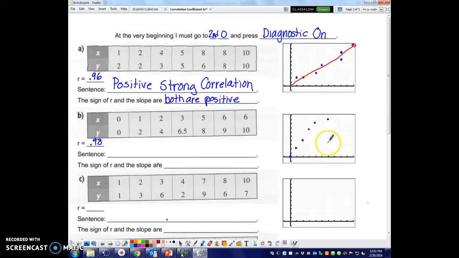And 6, 10. Okay, and then draw your line of best fit. So I would say it goes something like that. Okay, that would be my line of best fit.